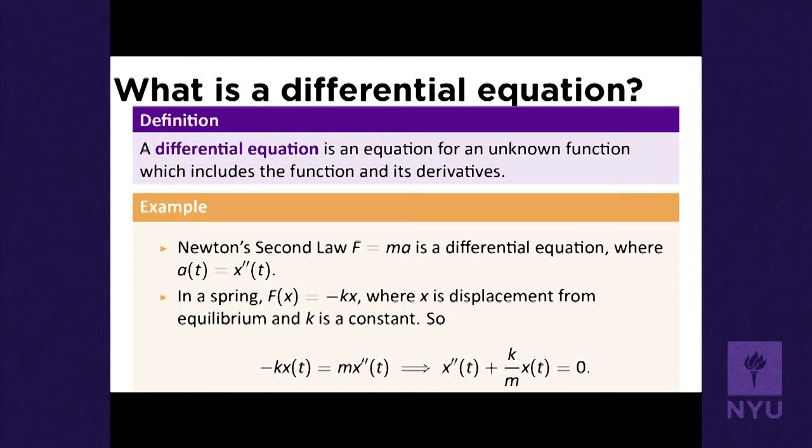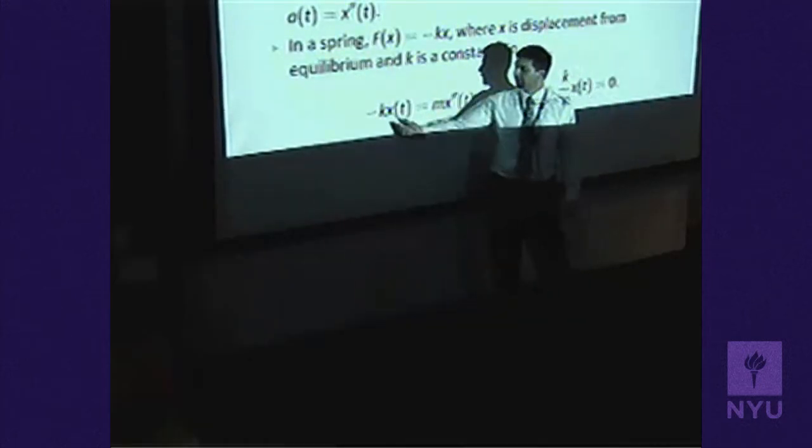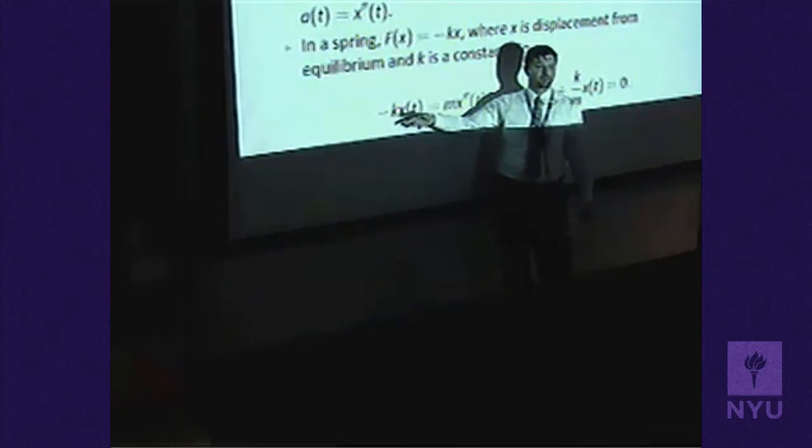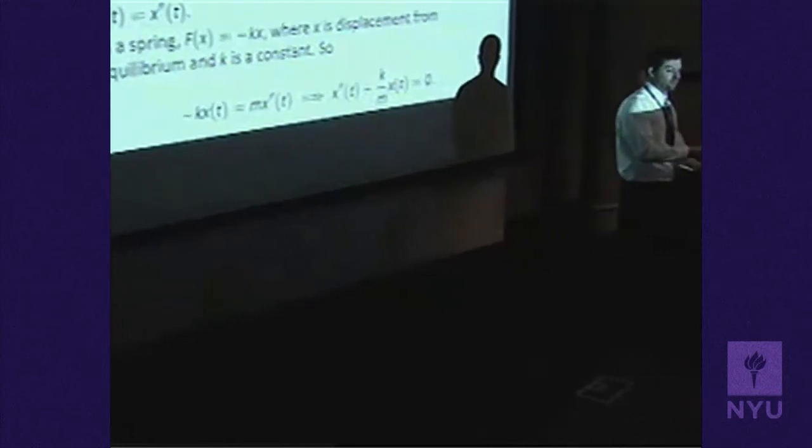So if this is your force equation, and this is your acceleration, then you have an equation for the unknown function x of t, the position of the rubber band at time t, which looks like this. Minus constant times x of t equals constant times x double prime of t. That m is just some kind of weight of the spring.